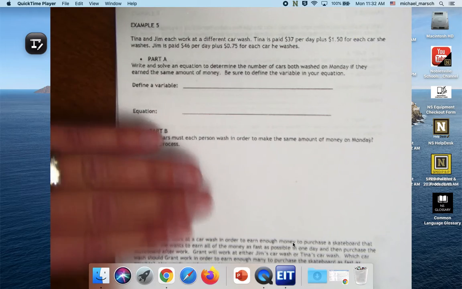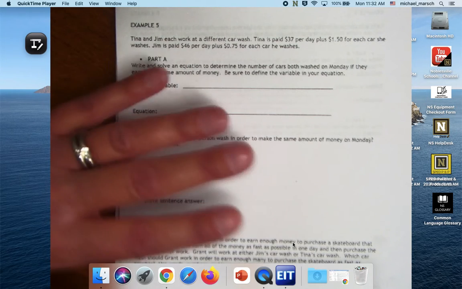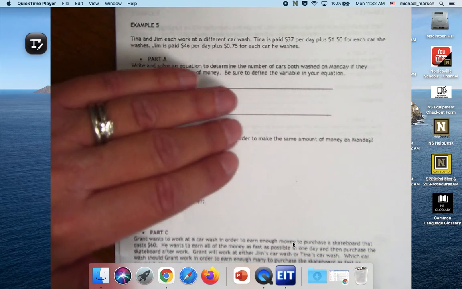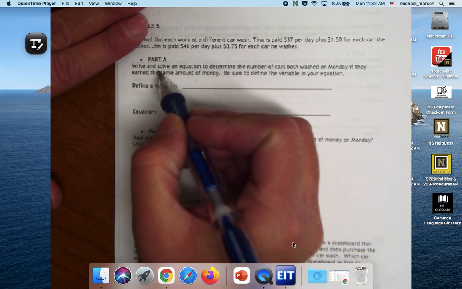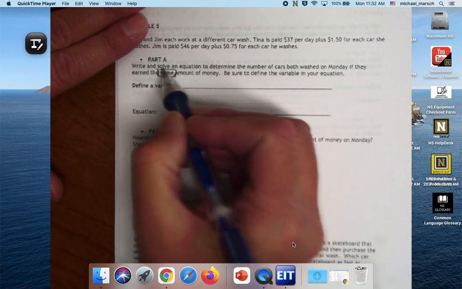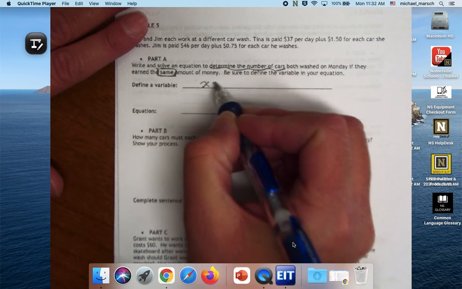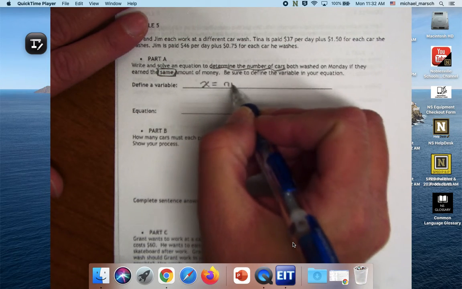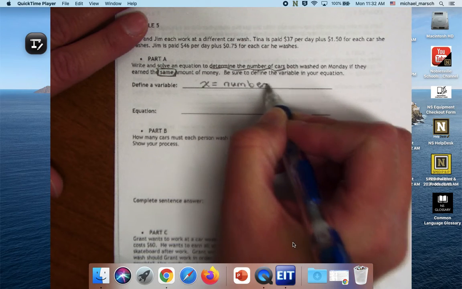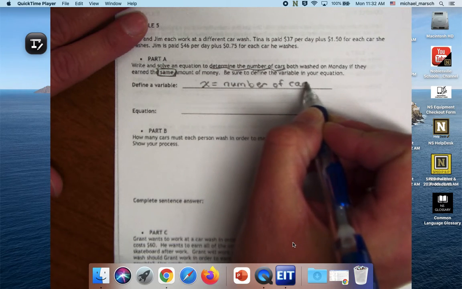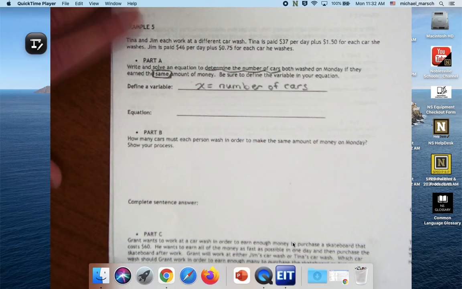Okay, so we're going to figure out how many cars they need to wash to make the same amount on that Monday. So we're going to determine the number of cars, so that's going to be my variable. Right?